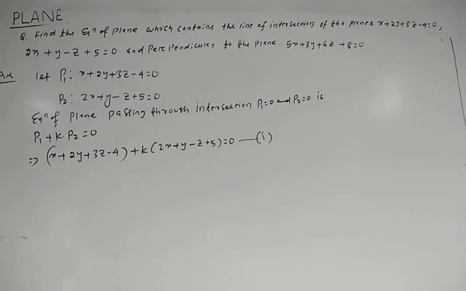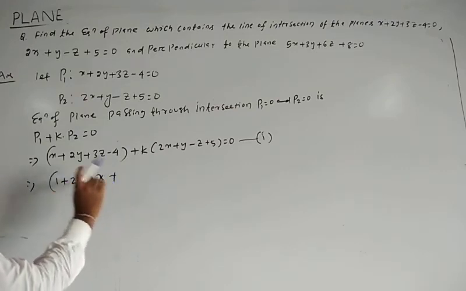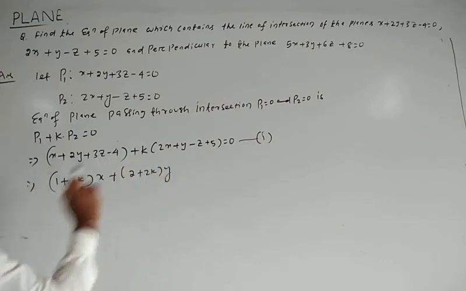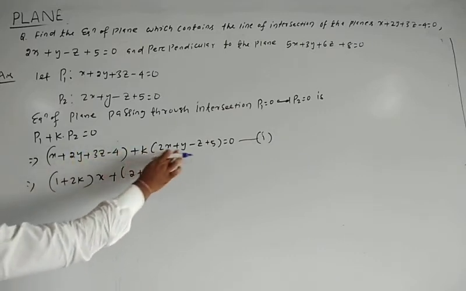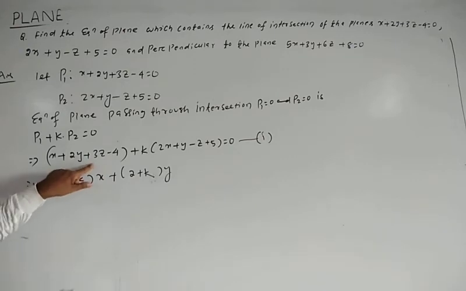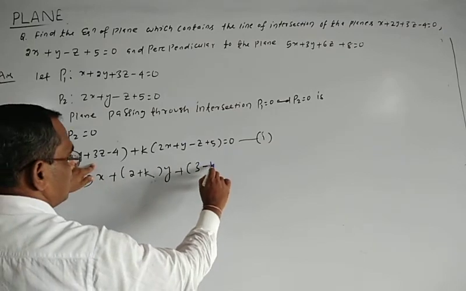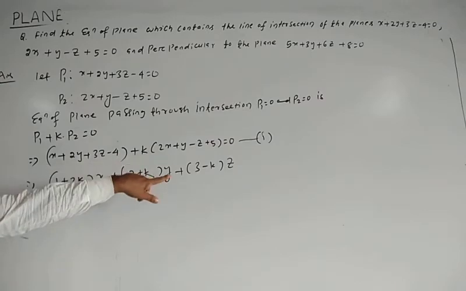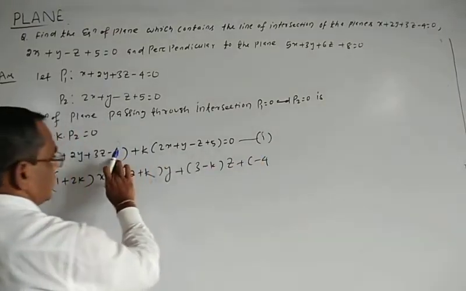First write the given equation in the general form. Here x plus 2kx means 1 plus 2k into x, 2y plus ky means 2 plus k into y, 3z minus kz means 3 minus k into z, and the constant is minus 4 plus 5k.